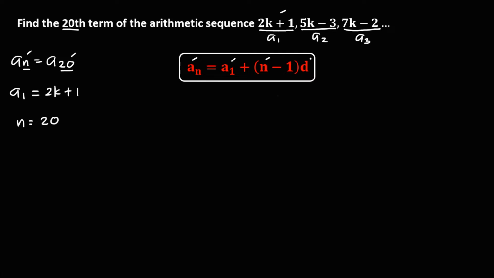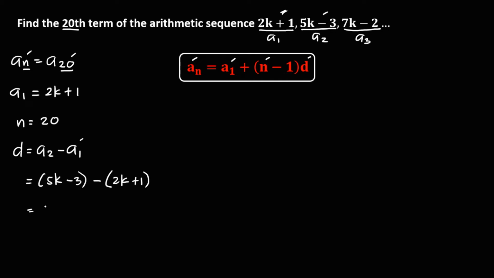And for d, the common difference, we can find d as a sub 2 minus a sub 1. Then from the given sequence, a sub 2, that's 5k minus 3, then minus a sub 1, and a sub 1 is 2k plus 1.